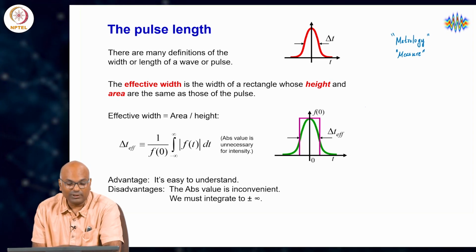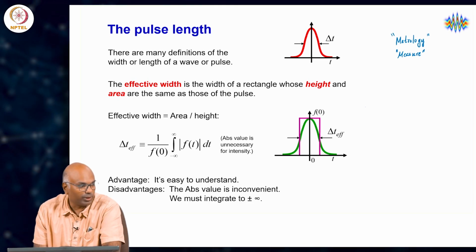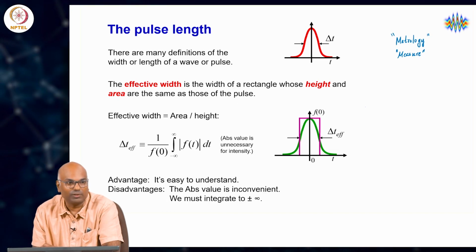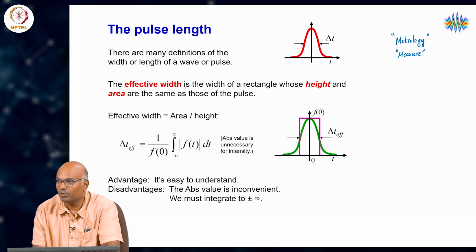So, this is again the classic problem. We have the shortest events produced by mankind and known to mankind, and how do we measure its duration, right? How do we measure the duration of the shortest events?